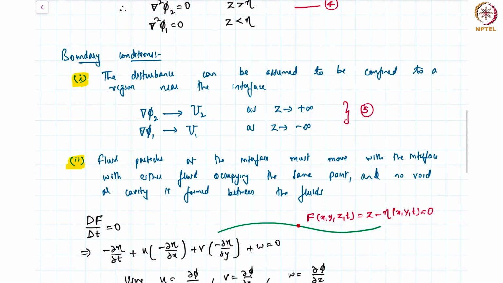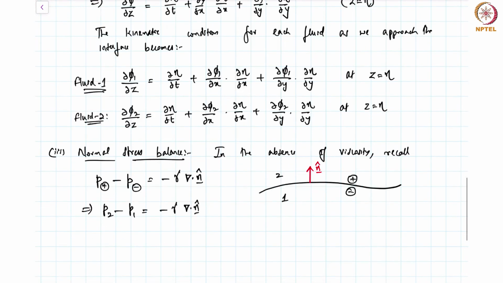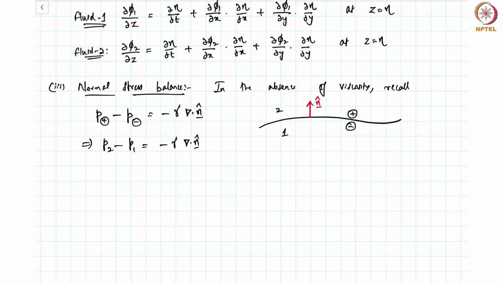Now, how do we get P1 and P2? Notice that we wrote down the governing equation, the Laplace equation, equation number 4, without using the momentum. We still haven't used Euler's equation. This comes directly from the incompressibility constraint. This is where Euler's equation comes in.